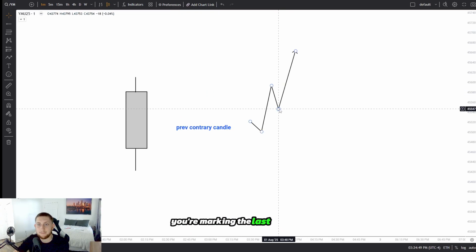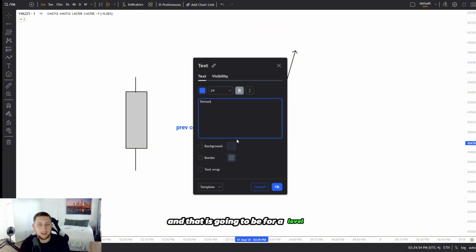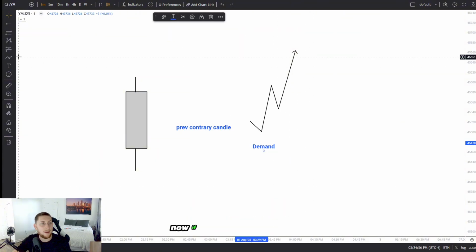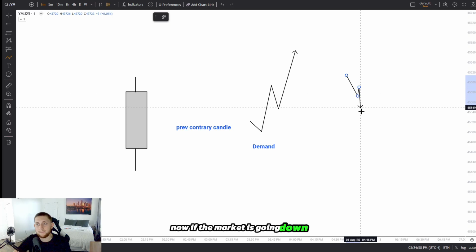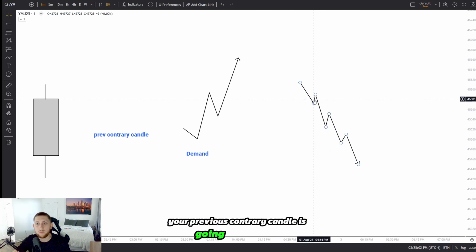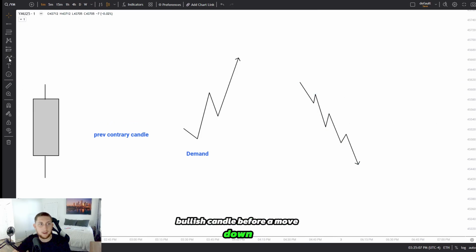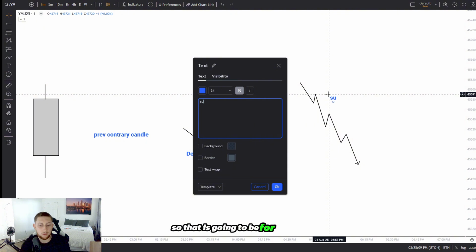You're marking the last bearish candle before the move, and that is going to be for a level of demand. Now, if the market is going down, your previous contrary candle is going to be the last bullish candle before a move down. So that is going to be for supply. All right. Now that easy, right?